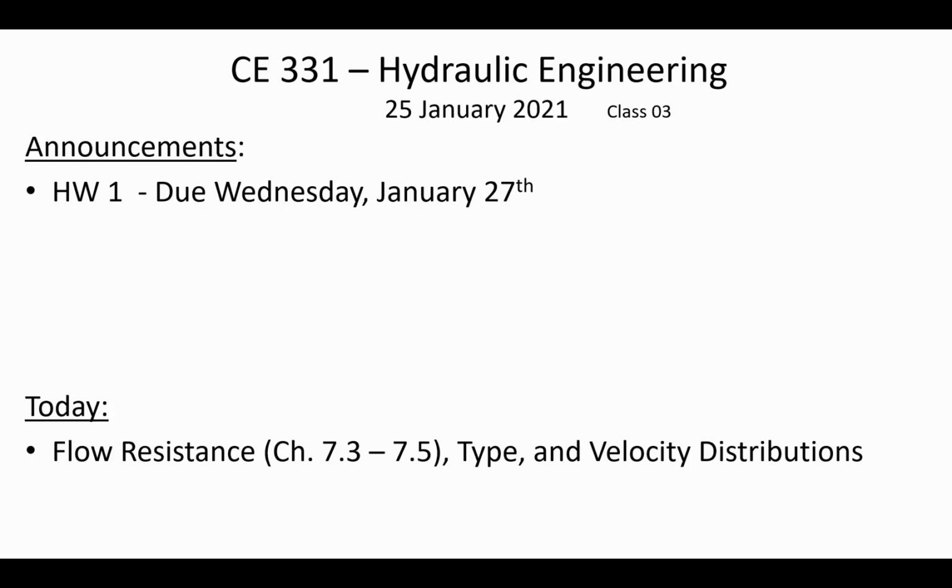We're just learning more about the conceptual underpinnings for why we do certain things the way that we do, so we'll continue that discussion today, and then at the end there's an example problem that's kind of a practical application of flow resistance ideas. This comes from sections 3 through 5 in chapter 7.